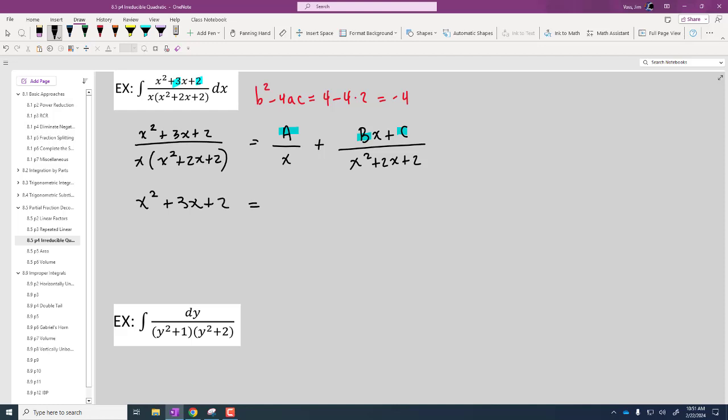The x's cancel here, so we get a times that irreducible quadratic. And over here, the irreducible quadratic factor cancels, and we have bx plus c multiplied by x.